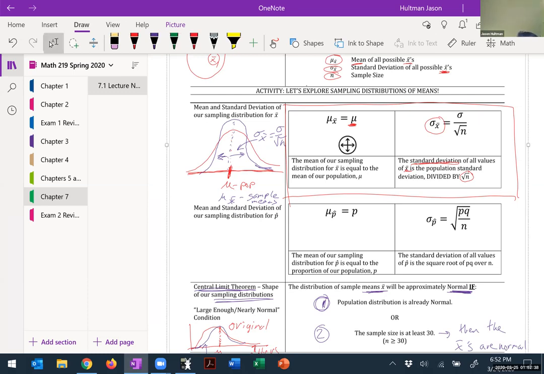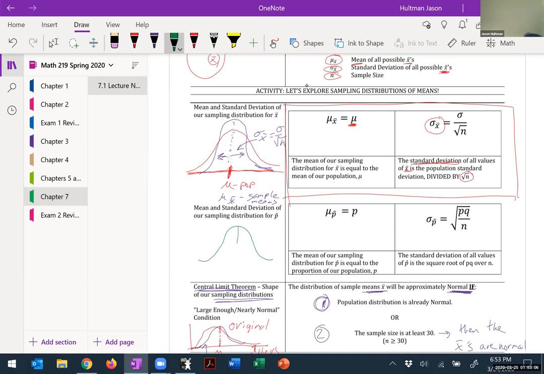As long as my sample size is large enough, all roads again lead to a normal distribution.